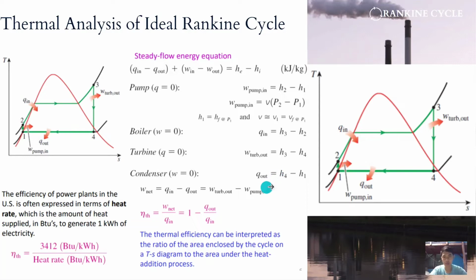This is the condenser, where heat rejection happens, so H4 minus H1.